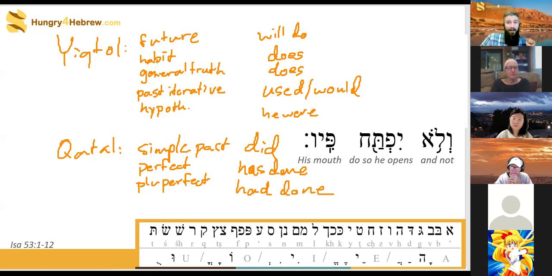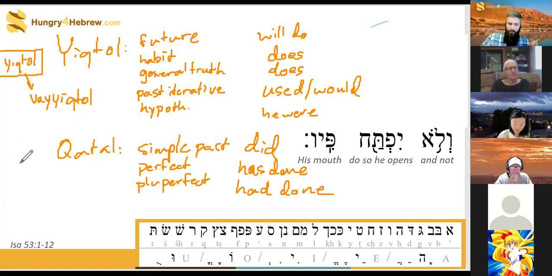And it does not help that there used to be two different yiktol forms, one that was future and one that was preterite. What? There used to be a yiktol that was preterite? Yes, there was a yiktol form that was preterite that turned into ultimately the va-yiktol form. The problem is, before va-yiktol was invented, it looked exactly like a yiktol.